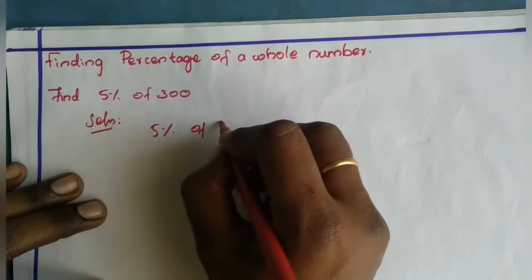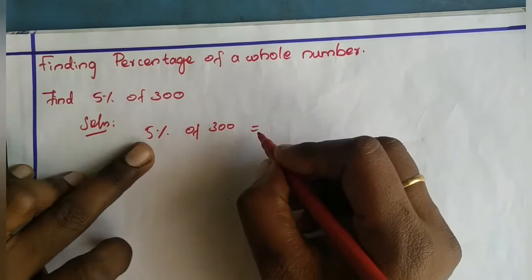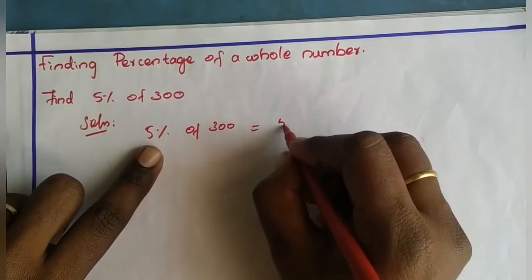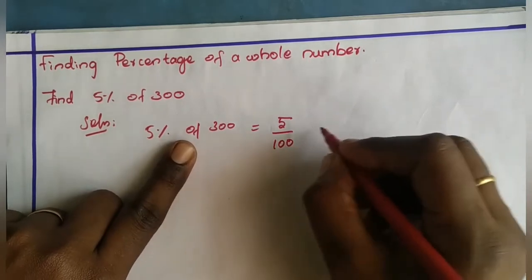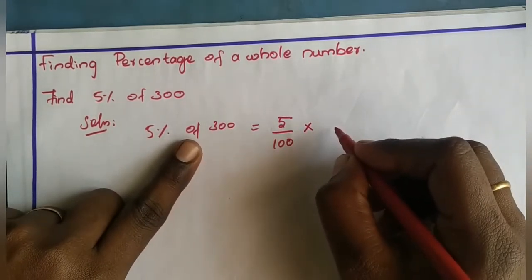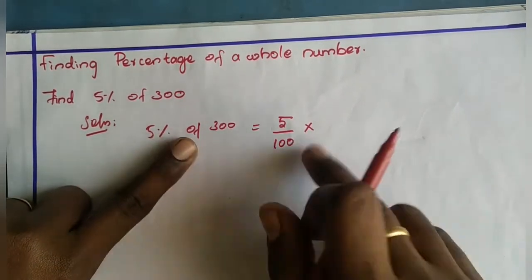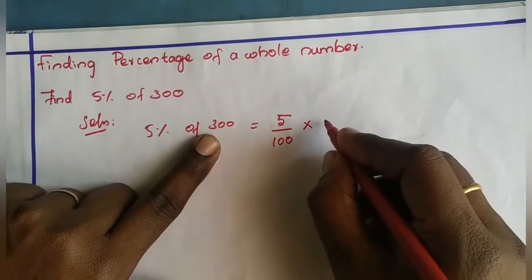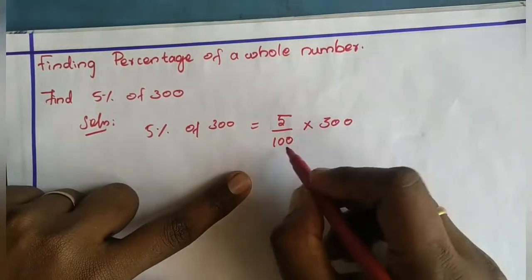5% of 300. 5% means 5 divided by 100, and of means multiplication. Put the multiplication symbol and write 300. This is the cutting method. Two zeros are common, so cut the two zeros.